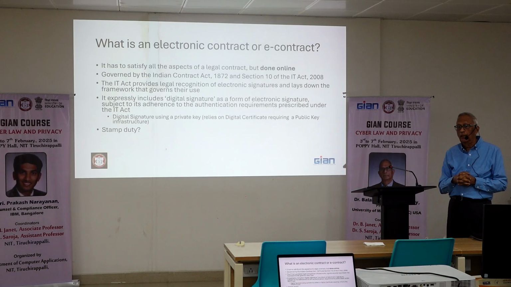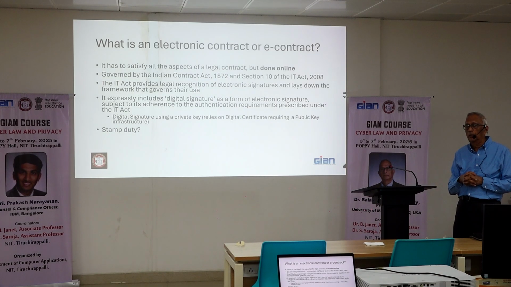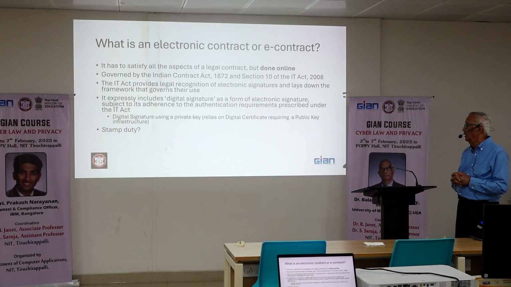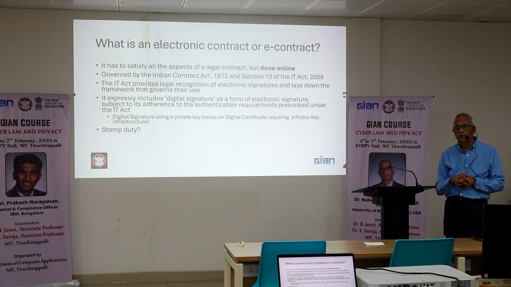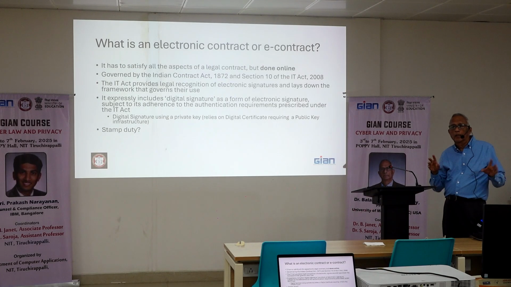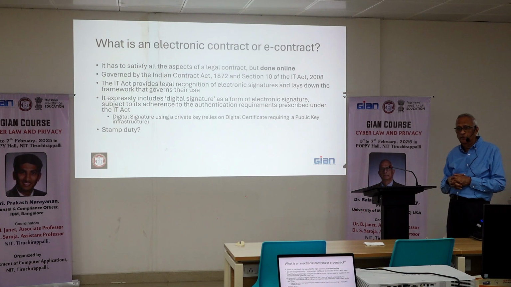It is not clear whether an electronic e-agreement requires stamp duty. There are cases where they said you require stamp duty, especially in Maharashtra, but it's still not very well resolved. When do you have to pay stamp duty?